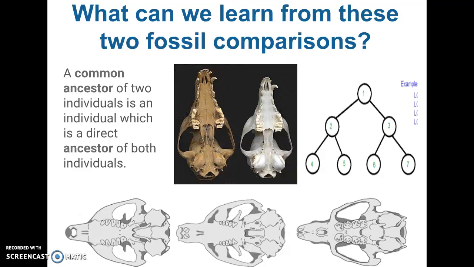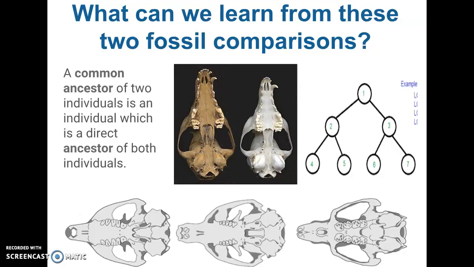Okay, so if you look, the modern swift fox is a descendant of the swift fox from over a million years ago, and we see that progression of evolution, or those changes that happen in that species.